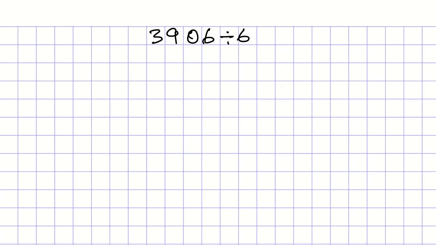You write 6 there, write 6 here, and then you draw the symbol and write 3906. Okay, 3 divided by 6, it won't go. You follow the process. It's going to be 0, so you write the 0 here, and then you say 0 times 6 is 0. You subtract. 3 minus 0 is 3.